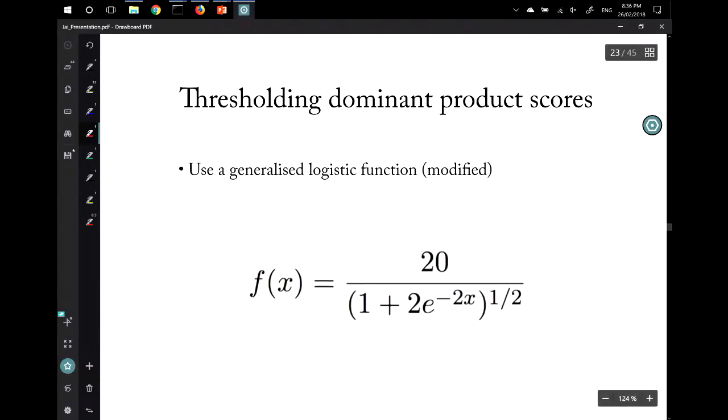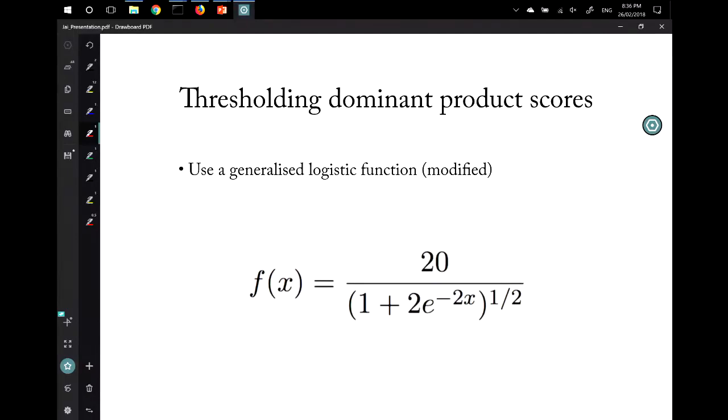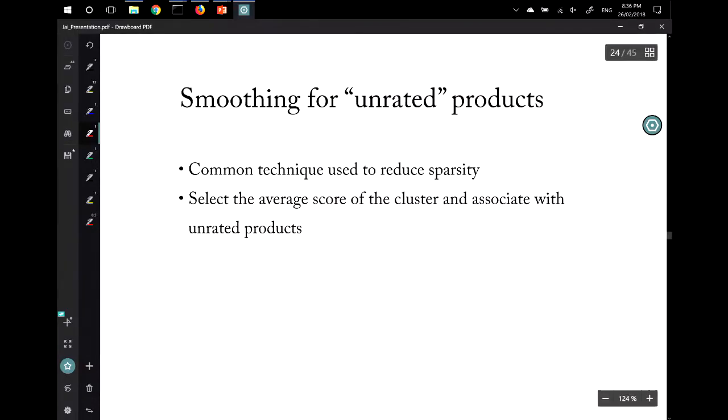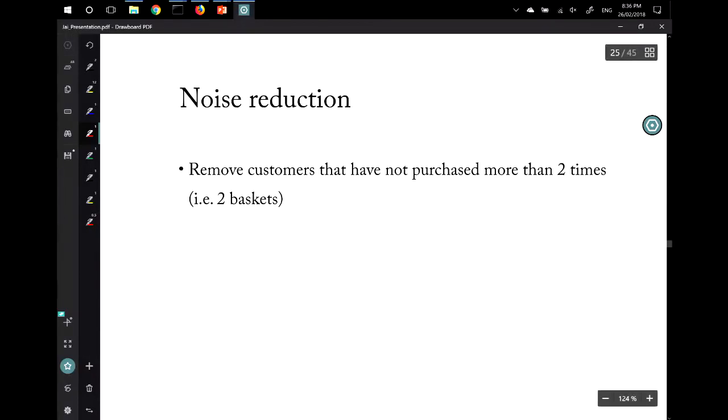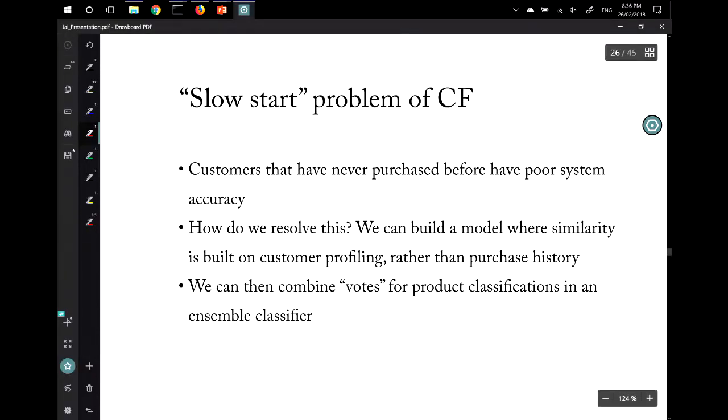I think he came up with a way to decay the weight of the recommendations. It's based on some kind of logistic function, which we will cover as well. And finally, we also need to do some kind of smoothing. Smoothing is a very important topic in many machine learning models, just to deal with missing data, make the model smoother and hence generalize better, and also reduce the noise.